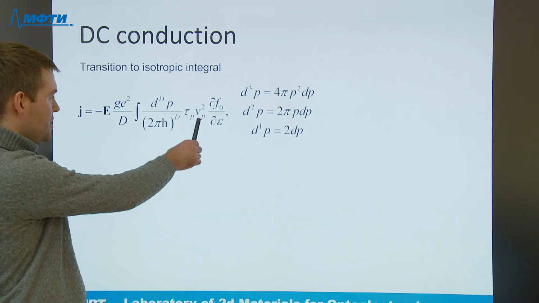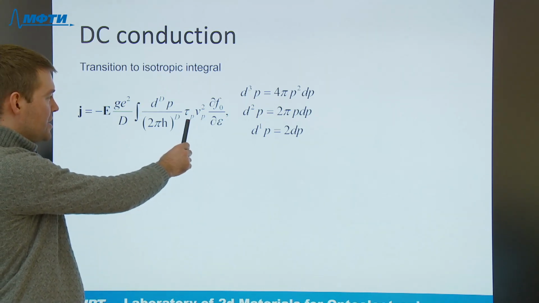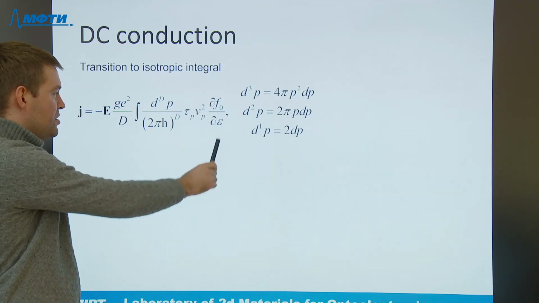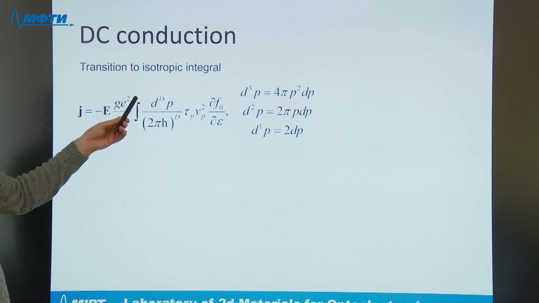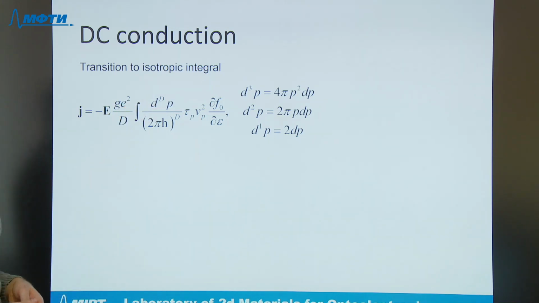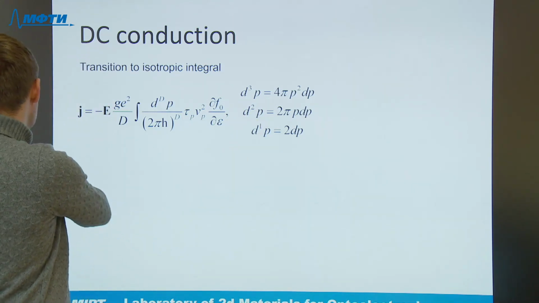Squared velocity of charged carrier, either electron or hole, momentum relaxation time, derivative of distribution function with respect to energy, and the element of the phase space, which can now be taken as isotropic one.